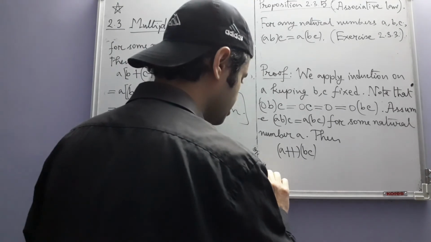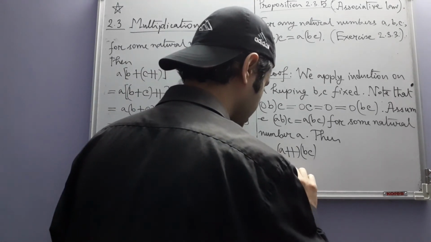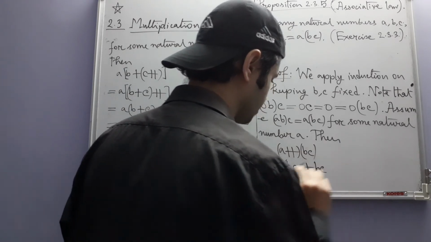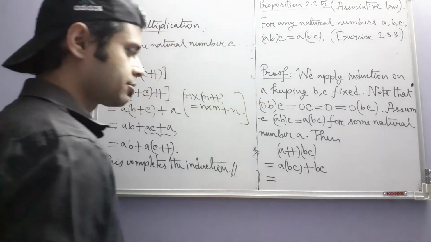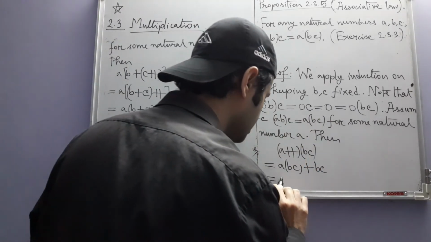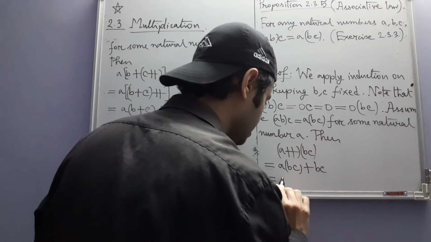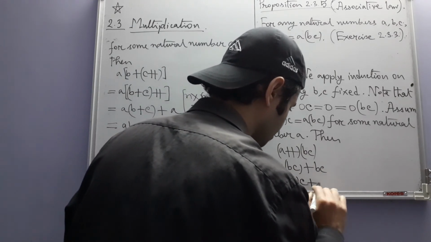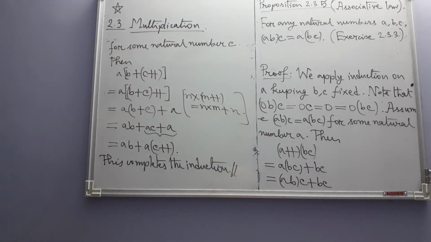Here we can use the definition directly and we can write A times BC plus BC, right? Now our induction hypothesis gives us A times BC is AB times C plus BC, right?